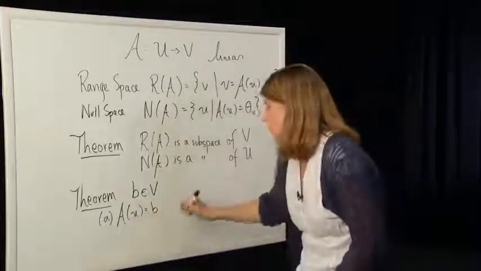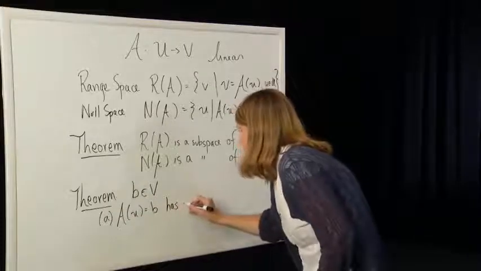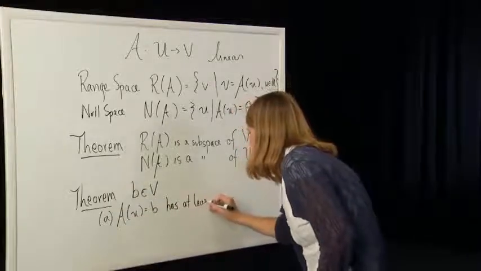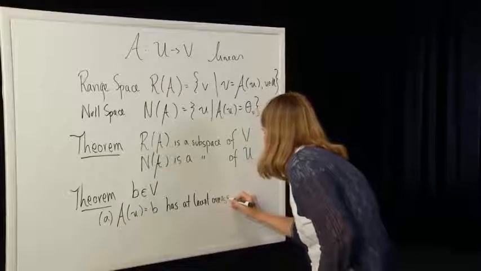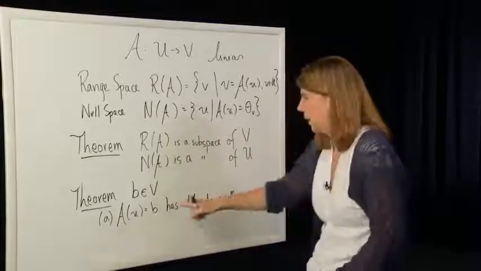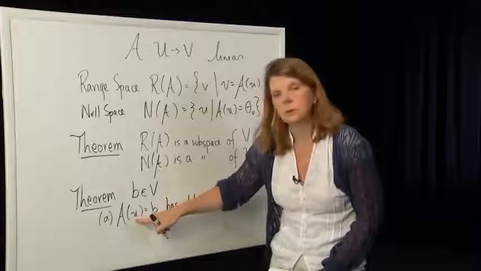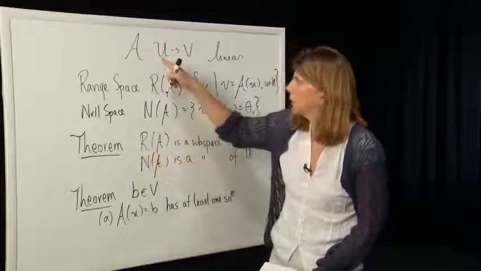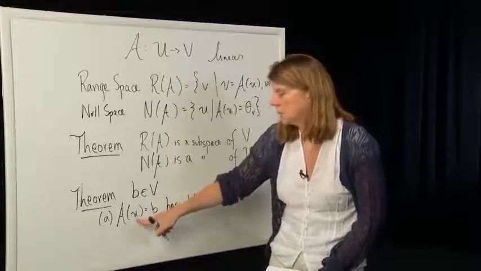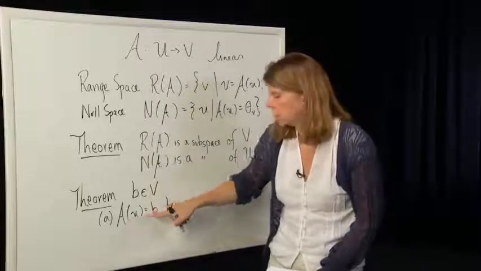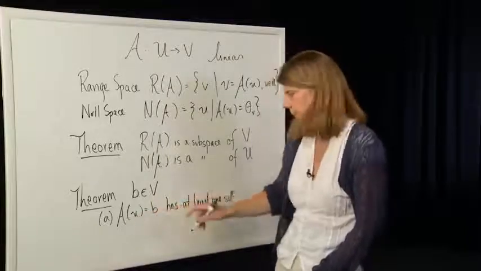This has at least one solution. What that means is that the linear equation has a valid solution U in the domain, meaning that there is a value of U which makes this equation hold.